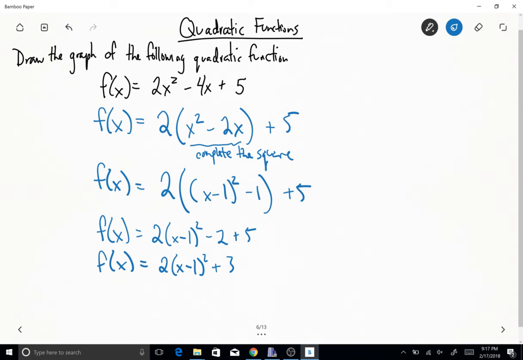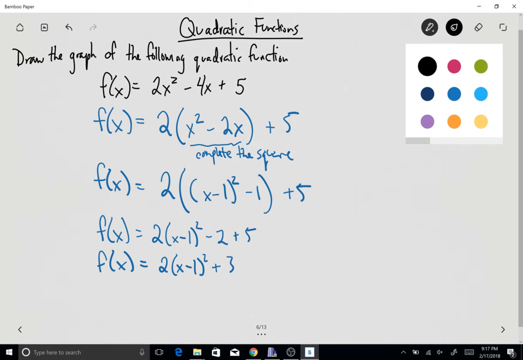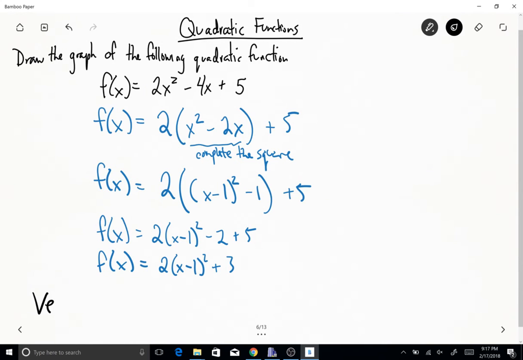Some big takeaways right away. This tells us about the vertex of the graph. In our case the vertex occurs at (1, 3).